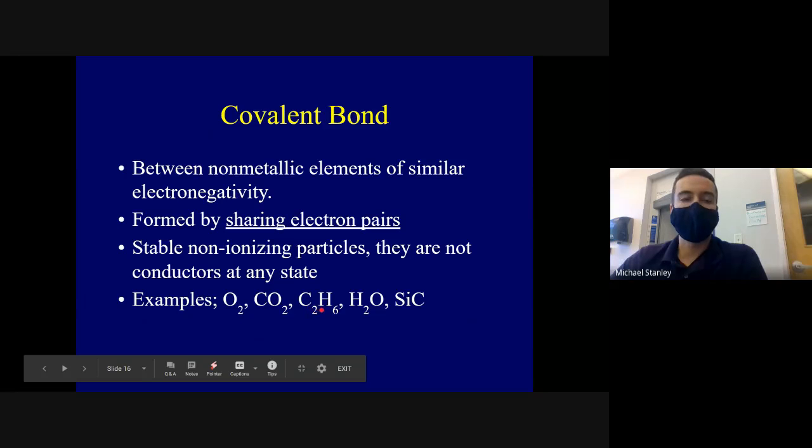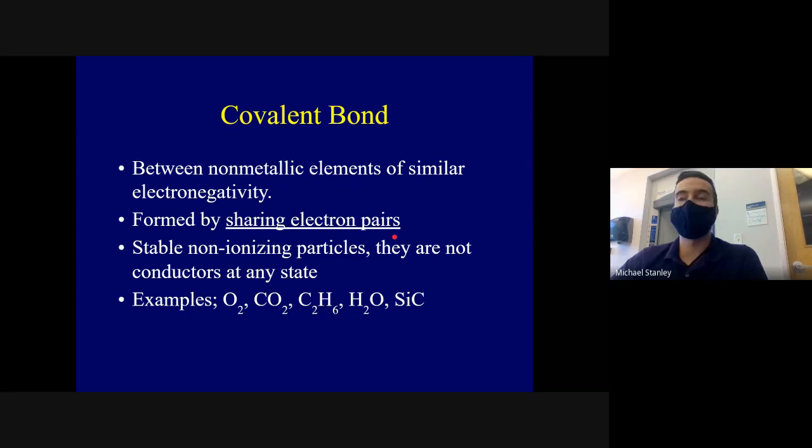This is, I'm trying to remember, C2H6. I think it's either propane or butane, one of those. So 2 carbons and 6 hydrogen atoms together, those are all covalent bonds. And it's all about sharing these electron pairs. So 1 or more atoms sharing their electrons together.